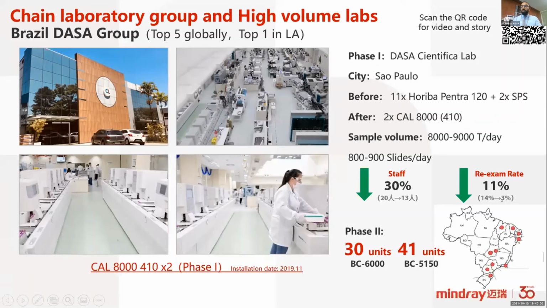So 11% reduced, only 3% of samples need manual validation. Also, we helped them reduce the workload for the staff, and now they switch from 20% only for the hematology to 13%. So that's why we can help the lab technician or the lab staff to get more time to do more important things.